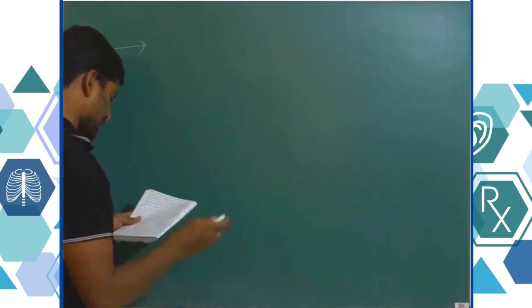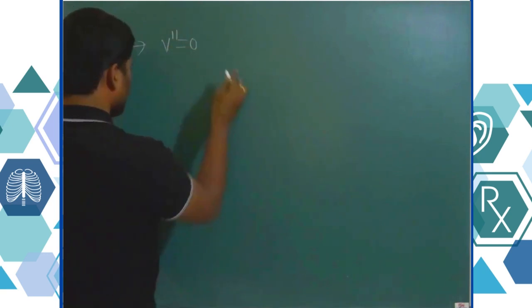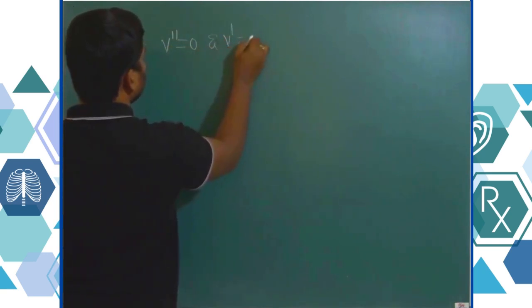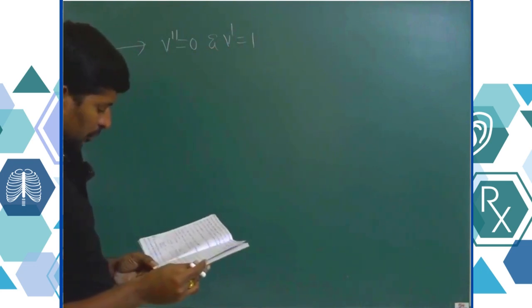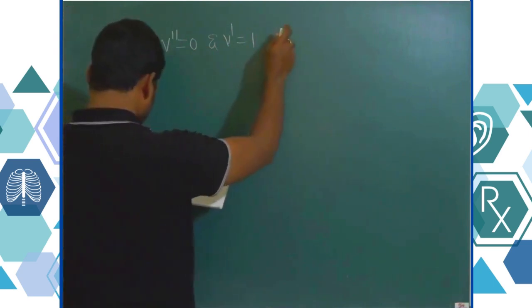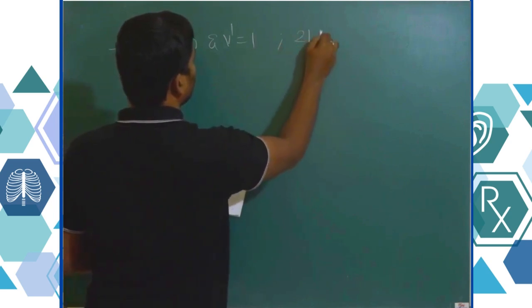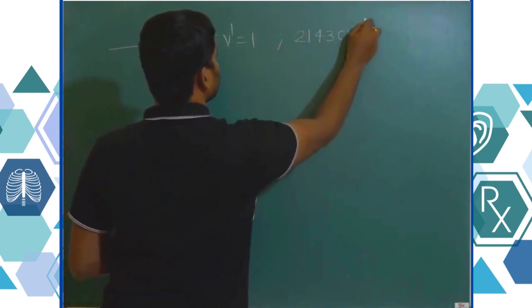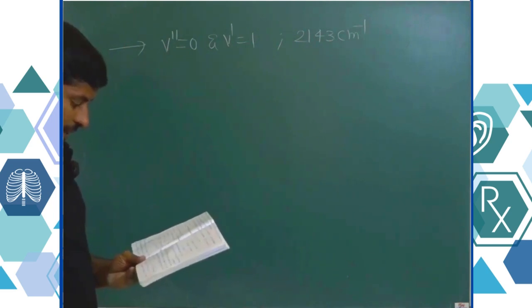The vibrational energy levels V double dash equal to 0 and V dash equal to 1 of a diatomic molecule are separated by 2143 centimeter inverse. So the gap between the 0 and first level is given as 2143 centimeter inverse.